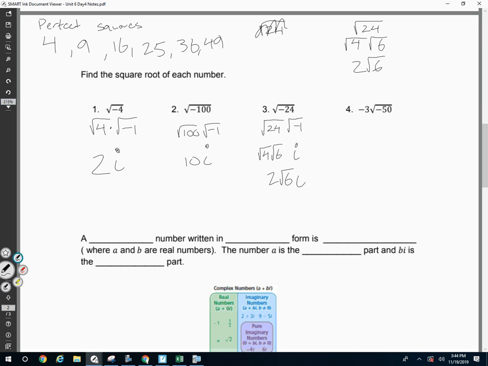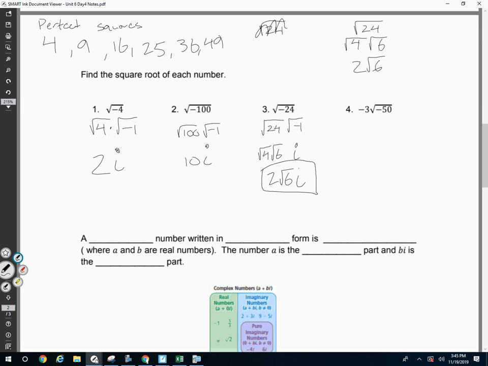This is 2 root 6i. This is fully simplified. It is the same as the square root of negative 24. We did not do anything to change it, but we need to be comfortable with simplifying it for various reasons in this class. On SATs, simplifying radicals is important to get a standardized answer.